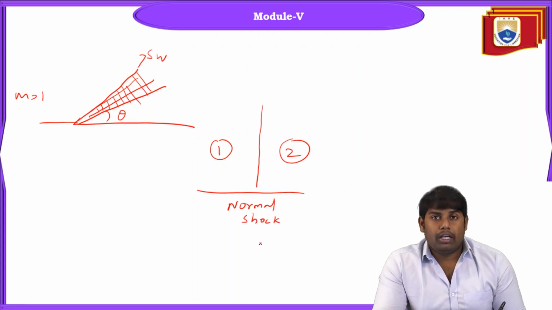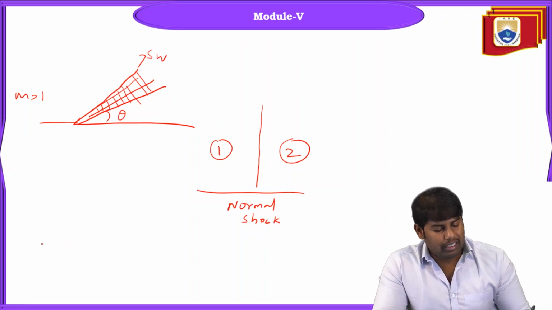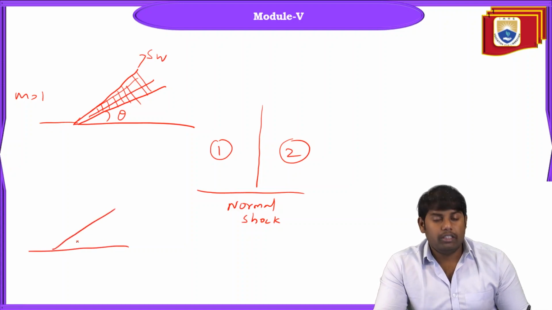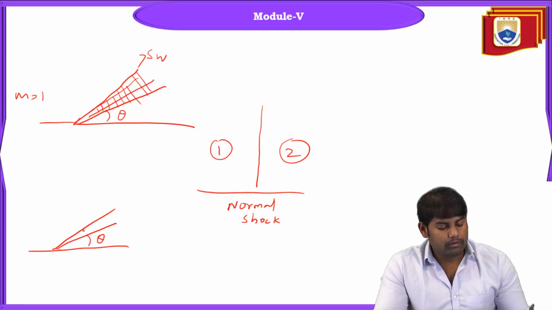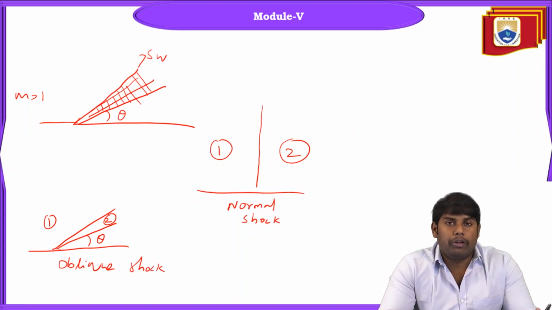Other thing, we have oblique shock. Let us draw again. So this is called oblique shock. Here this is station 1, here you have station 2. So one we have normal shock, other one we have oblique shock.